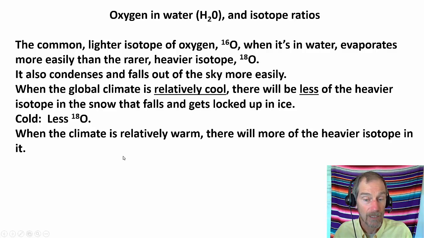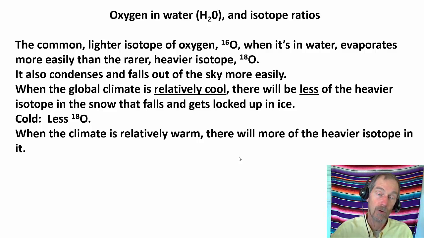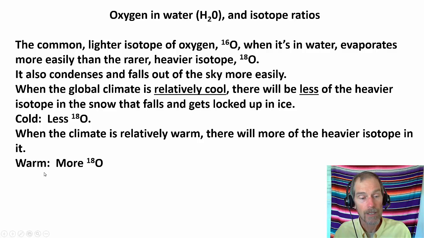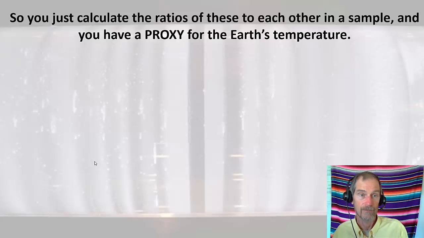When the climate is relatively warm, there will be more of the heavier isotope in the water that comes out of the ocean, and more in the snow that falls and the ice caps. So when it's warm, you'll get more O18 in the snow, which later becomes ice.